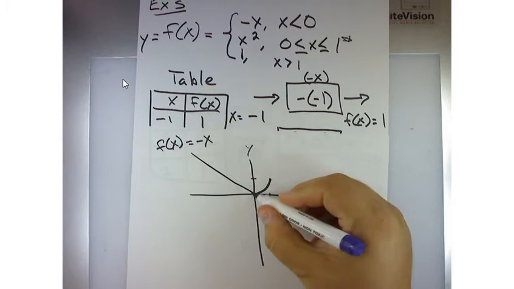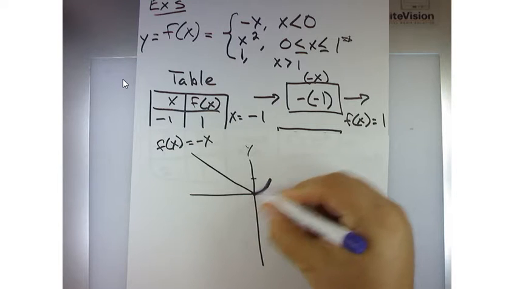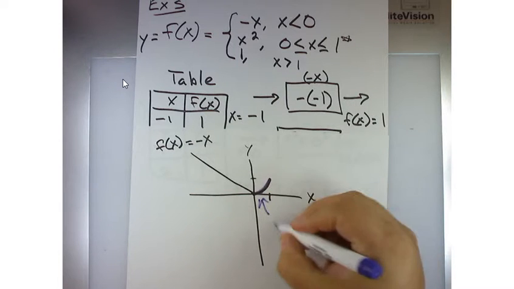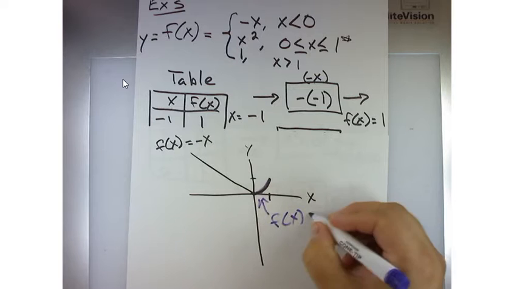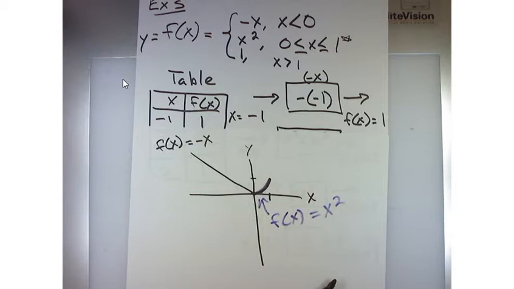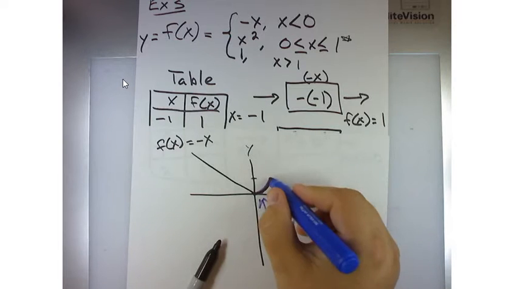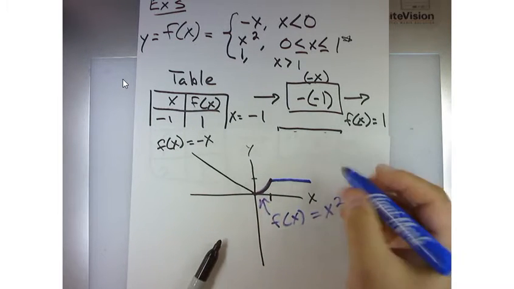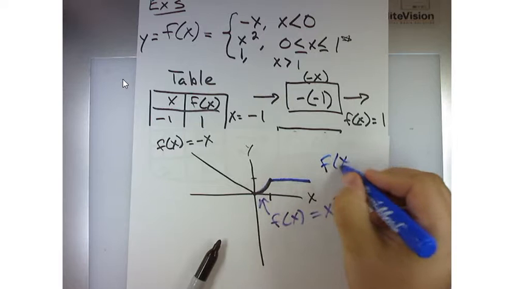So from here to here, this mathematical relationship is evaluated at x squared. Now for all values greater than 1, I have y equals 1, which is just a horizontal line. So this would be f of x is equal to 1.